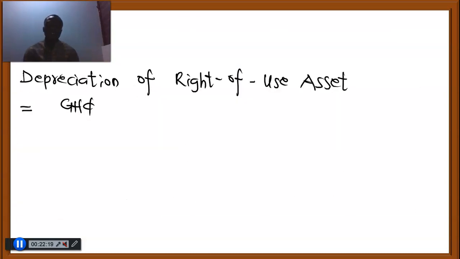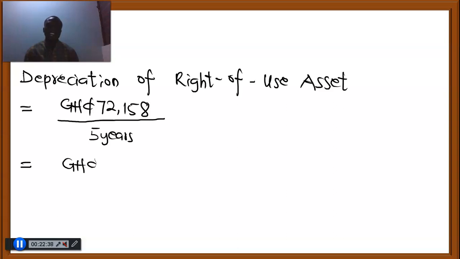We don't have any residual value, so the numerator will still be the cost. Then you divide it by the lease term of 5 years, and this gives us an annual depreciation charge in respect of the right of use asset of 14,432.